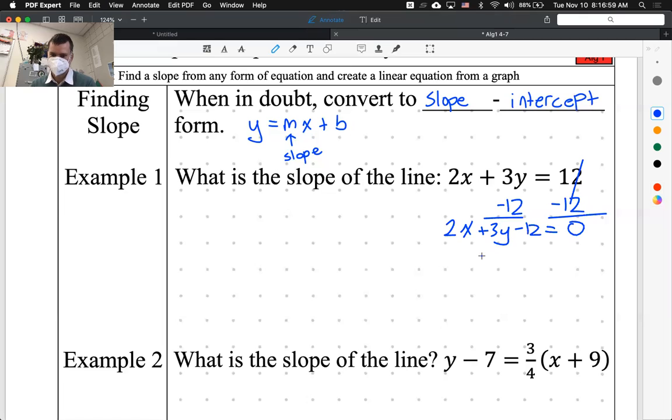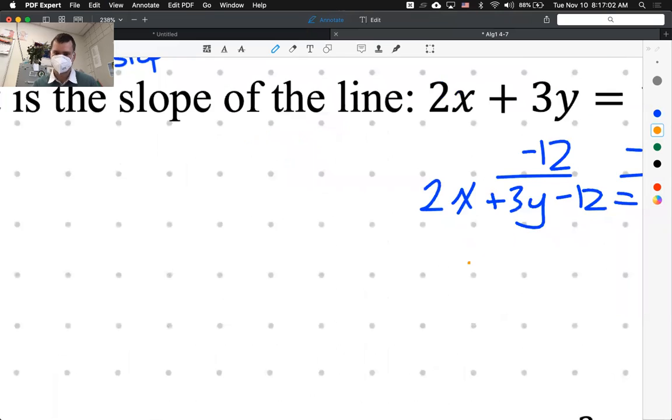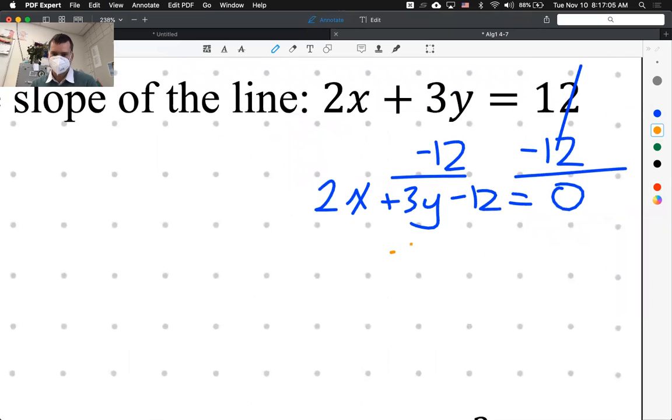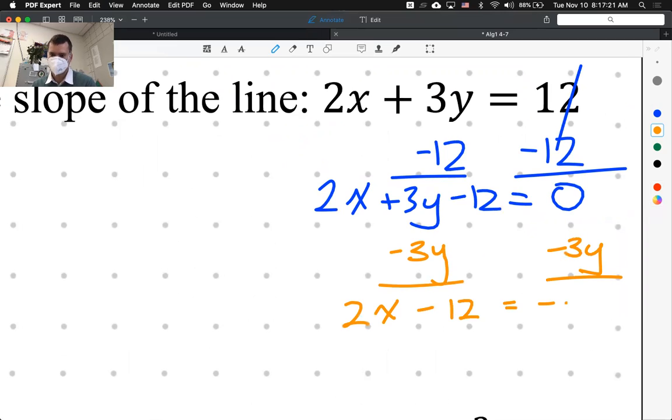So subtract 3y, I can do that in a separate color. And let me zoom in so you can see what I'm doing. Subtract 3y. I don't know why I'm getting such weird lag. Subtract 3y. And then you get 2x minus 12 is equal to a negative 3y.